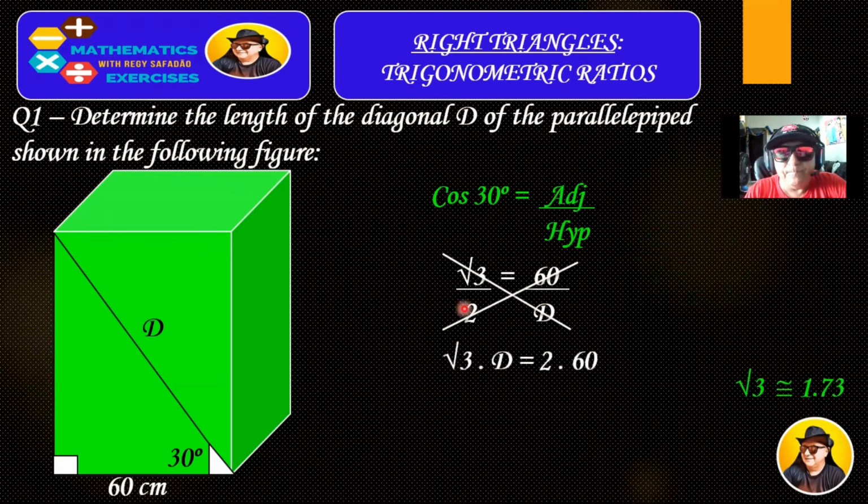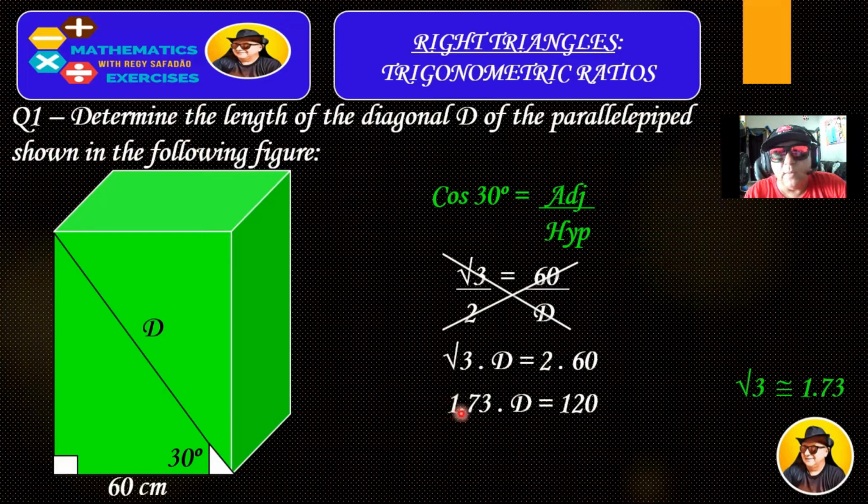Now, we have root of 3 times D, the diagonal, is 2 times 60, because I multiplied this and this, crossing the values. All right. Well, let's replace the value of the square root of 3.